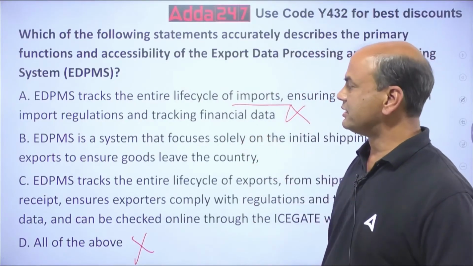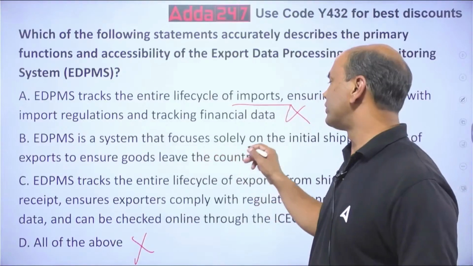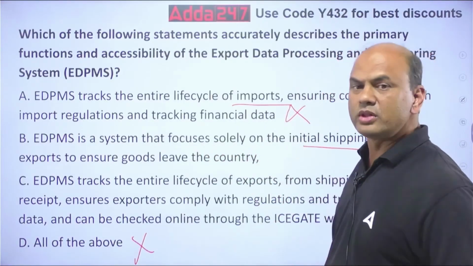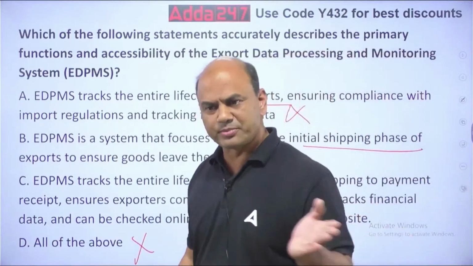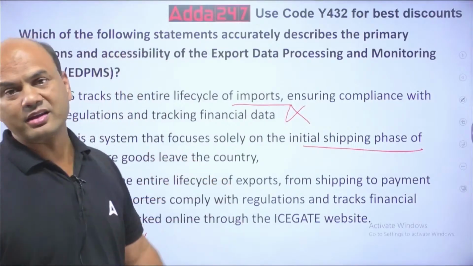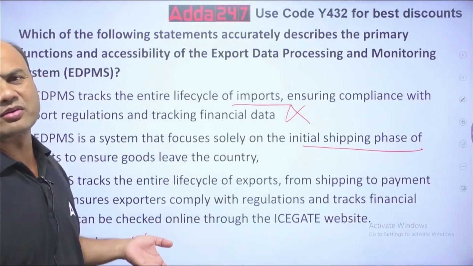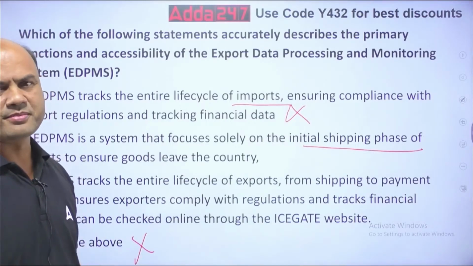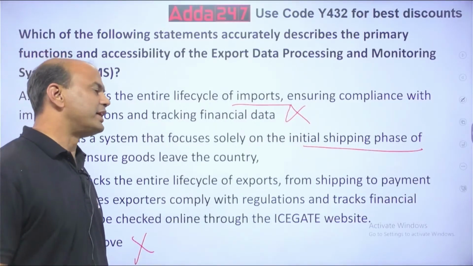B and C. EDPMS is a system that focuses solely on the initial shipping phase. Only the initial shipping phase means before the shipment, to ensure that the goods leave the country. So initial phase?